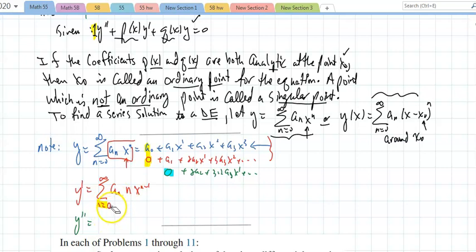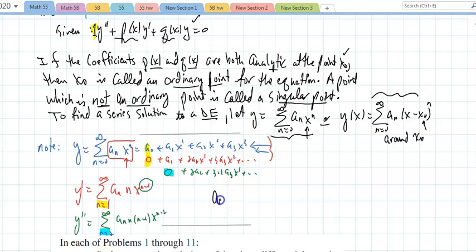Oh boy, I said something and I wrote something else. Does that happen to you? This is the series. Bring the power down, subtract 1 from the power. And to compensate for what you missed, you're going to boost this index another 1. You need to list a few terms to know when you lose terms and when you do not.